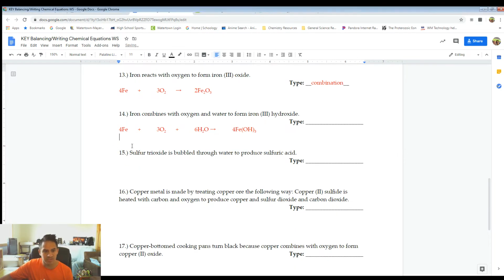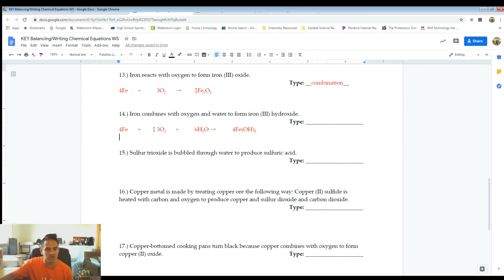Now, just to make sure that we're done and everything looks good, remember that when we balance equations, all of these numbers need to be the lowest whole number we can possibly have. So is there a common number that we can divide out from any of these coefficients? No. Like 4, 3, 6, 4, there's no common denominator between any of those.